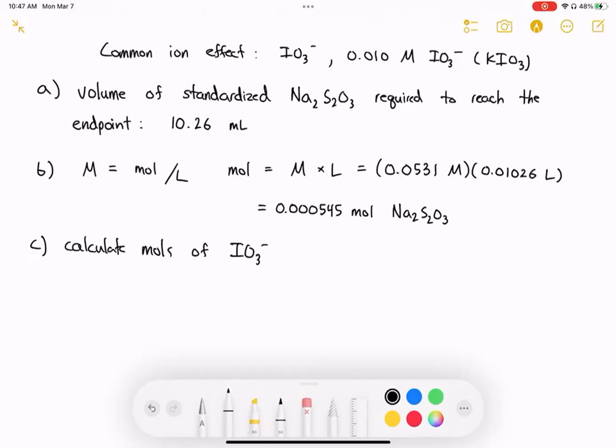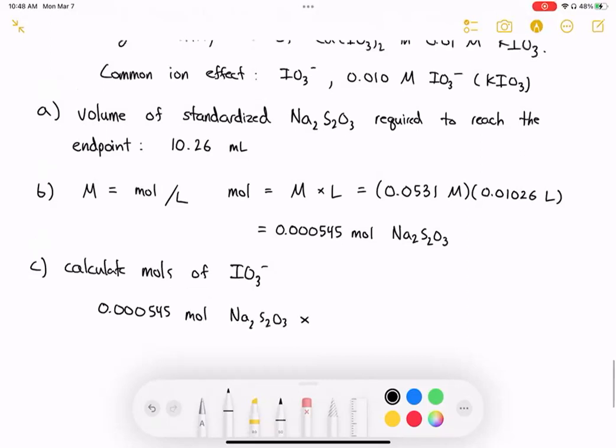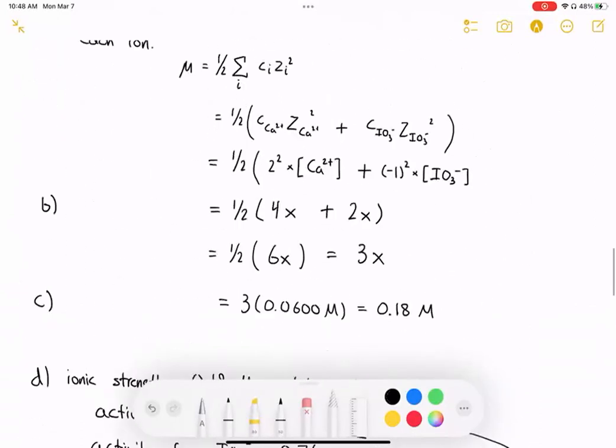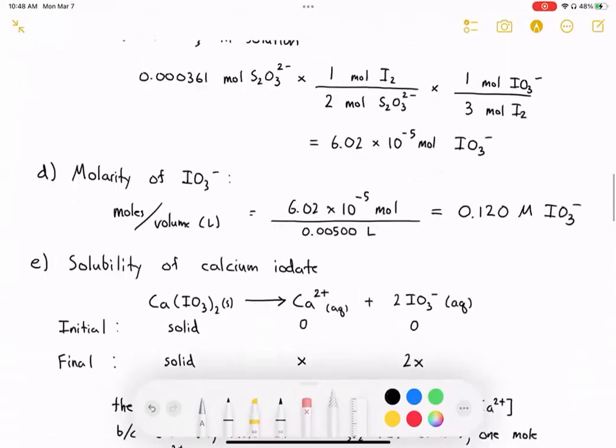Remember, the amount is equal to not only the one from calcium iodate, but potassium iodate as well. So 0.000545 mole sodium thiosulfate, and we go back to this previous equation. We can just copy and paste our calculations here.